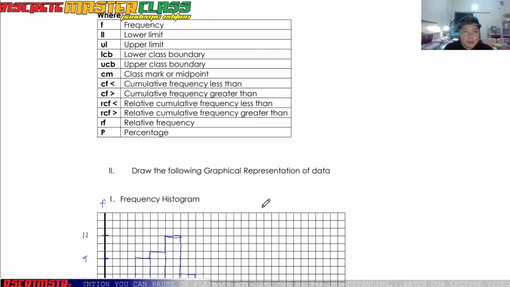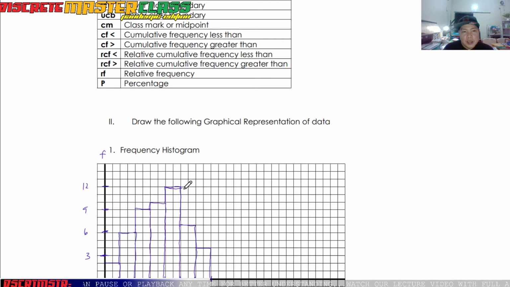Tinuruan ko kayong mag-construct ng graphical representation. At this point, meron tayong frequency histogram. Okay? Tandaan nyo dikit-dikit yan, walang hati-hati. Kasi pag hinati-hati mo yan, ang tatawagin mo yung bar graph. So, hindi yan frequency histogram.